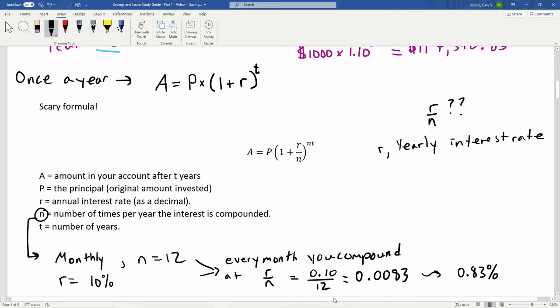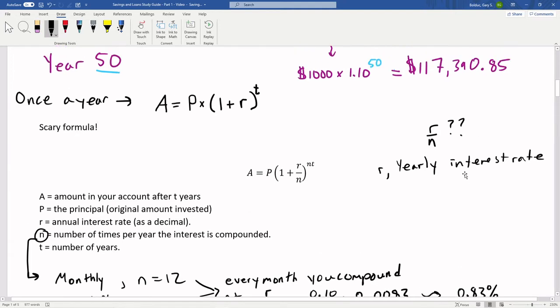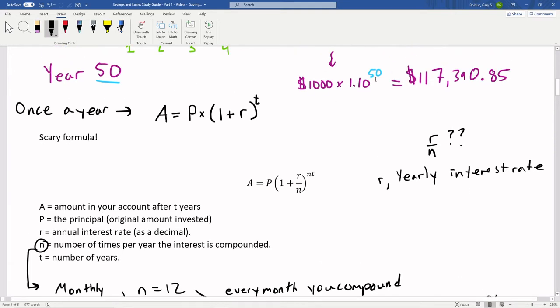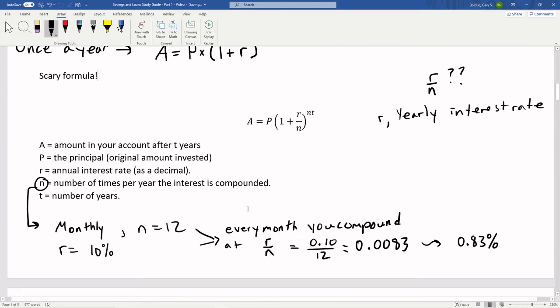So you look at this, monthly 10%, oh, look at that, look at how crazy this was when it was yearly. They're going to do it every month for me? No. This is not exactly what happens. Instead, they take the 10% and say, okay, I'm going to give you this much first month, and then the next month I'm going to give you this again, and then again and again and again, and then 12 of those is a total of 10%.